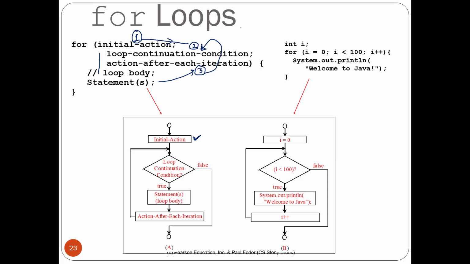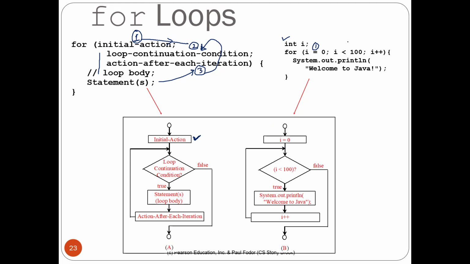So let's take an example, and I believe this example will make it a lot simpler to understand. We have a variable I, which is outside the for loop, and here there are these three parts of the for loop. This is part 1, because this is the thing that will always be done first: the initial action before even taking the decision, I is equal to 0.